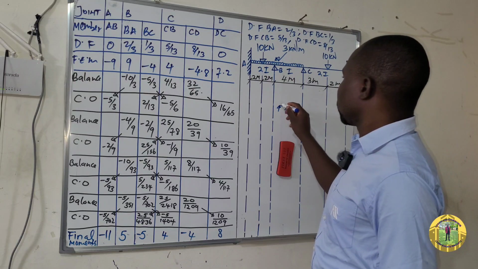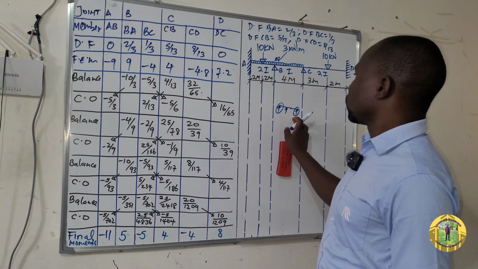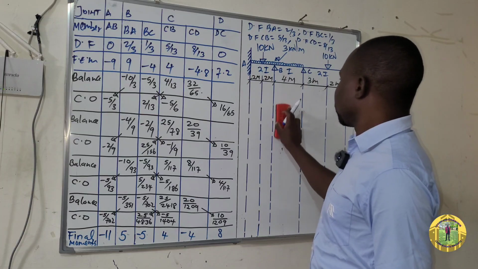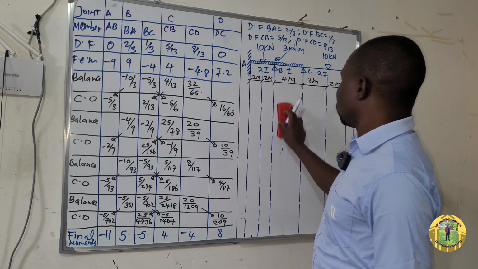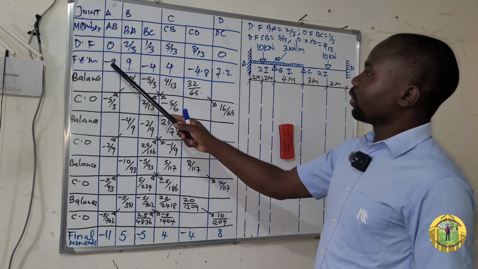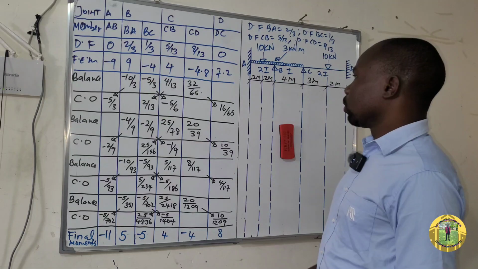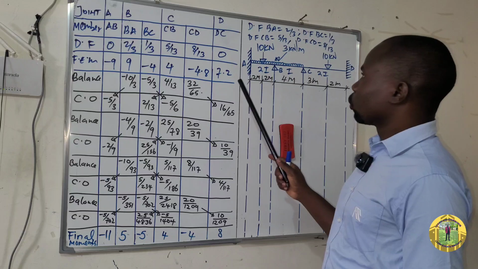So this one is pinned and this one is pinned, so you will have to release these 2 joints. Releasing means you have to find a value which you add or subtract from the fixed end moment, so that it gives you 0. So that is not for our case. Let's proceed with this one.